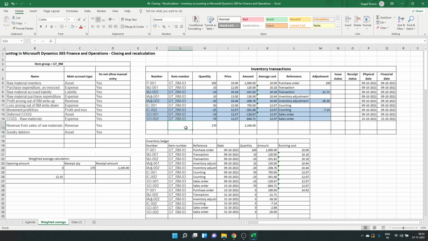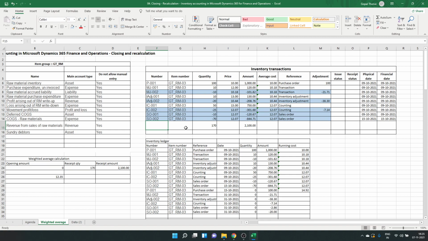The second one happens only if there are multiple receipt transactions during the period. For example, if you don't have any opening quantity during the month and only a single receipt transaction has happened, then this virtual inventory transaction will not appear in my inventory transactions. All the issue settlement will happen against that single receipt transaction itself.